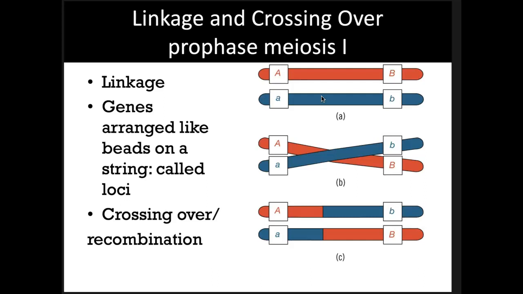When the chromosomes touch, they essentially exchange material. A homologous chromosome is a chromosome that codes for the same thing, so you're only supposed to exchange material with other homologous regions, right?